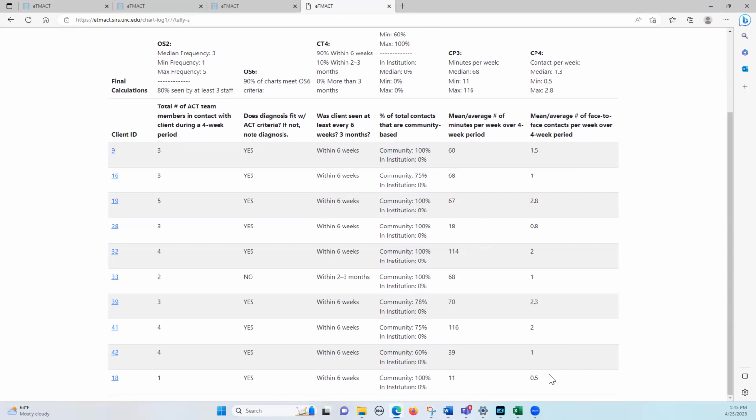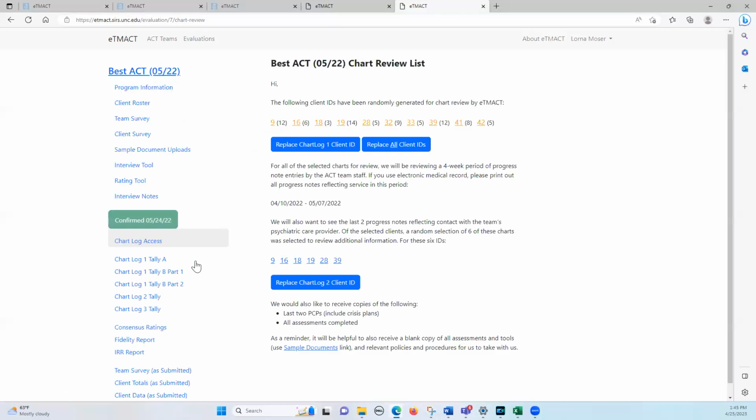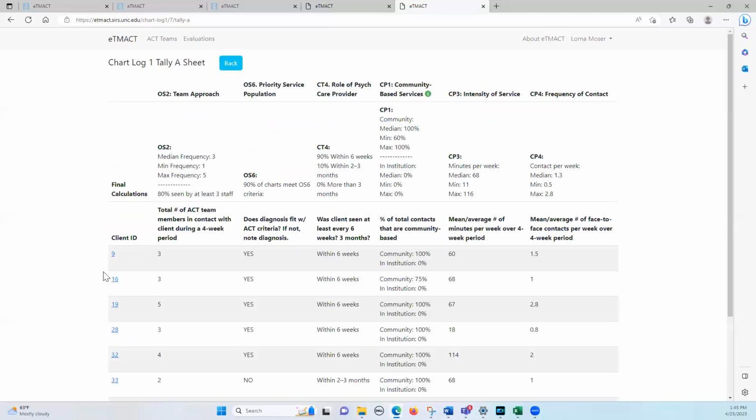This person was clearly an outlier, not getting much care. We're curious about it, so we click it open, and it brings you right to the chart. So the way you can interact and check on data is by clicking those IDs when you're in the chart log.